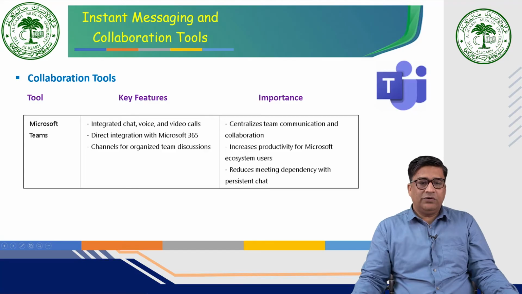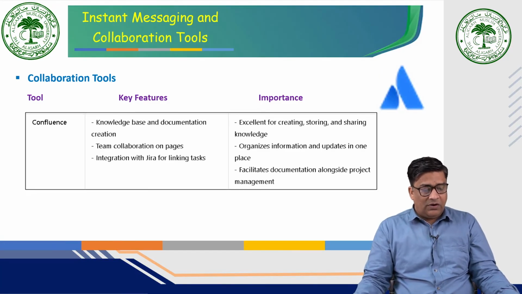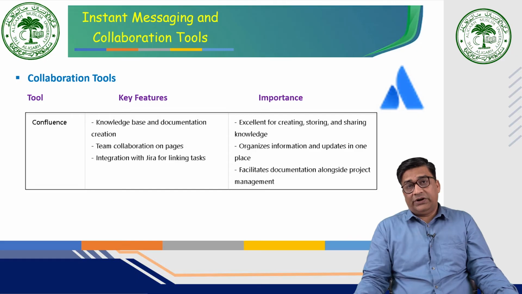Now let's go through some more examples. We have Confluence. This tool is used for creating shared documents, project documentation, and knowledge base support. It integrates very well with Jira, and it is also used for managing the project.